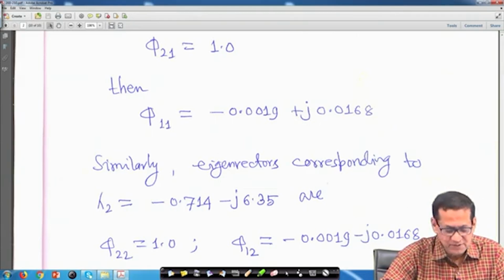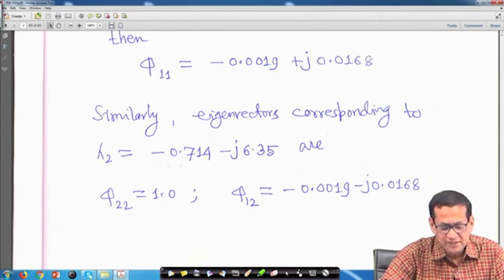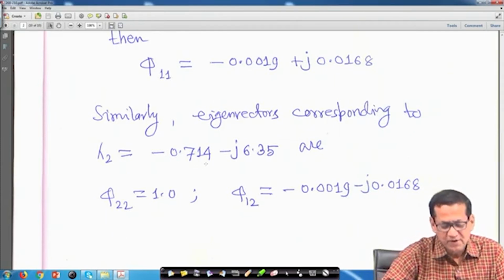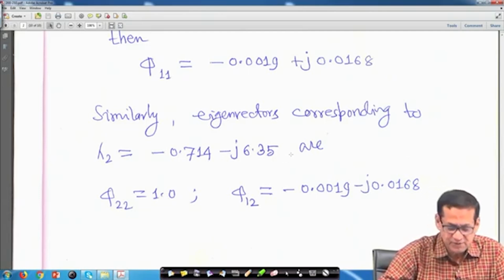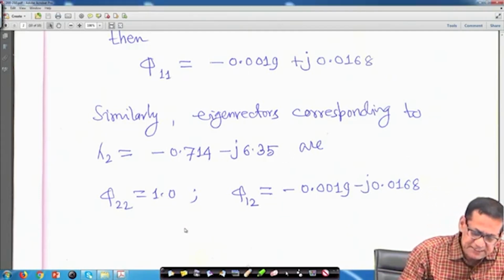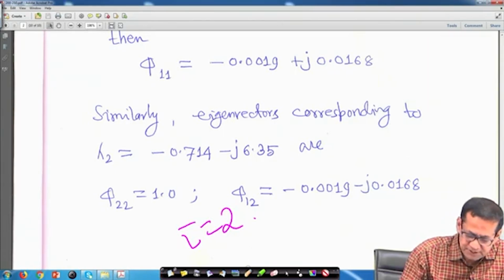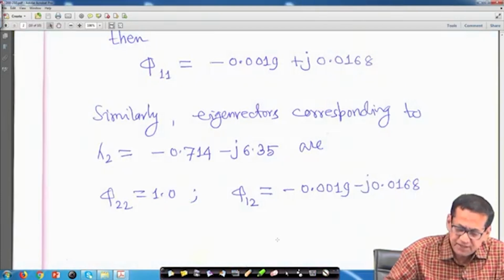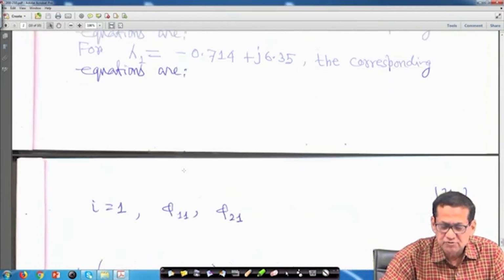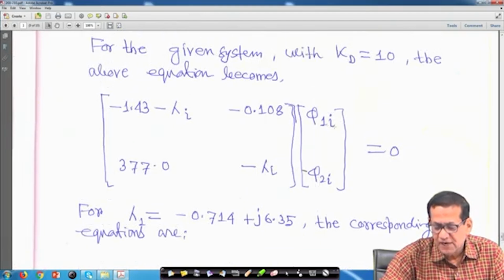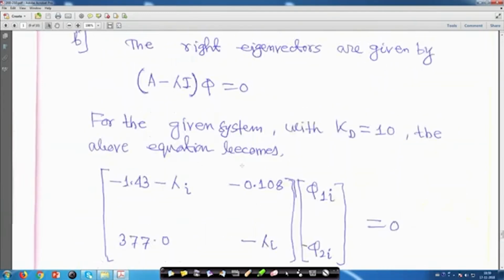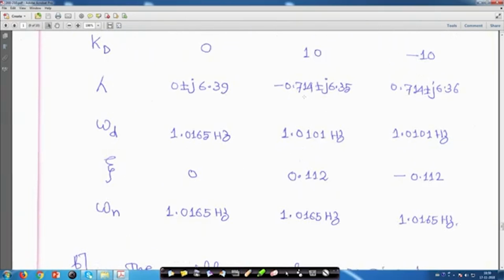Similarly, for the eigenvector corresponding to lambda 2, that is the second eigenvalue, minus 0.714 minus j 6.35, that means here i is equal to 2, right. If you go back to that equation, for i is equal to 2, this is phi 1 2 and this is phi 2 2 and this will be lambda 2, and lambda 2 is equal to minus 0.714 minus j 6.35.